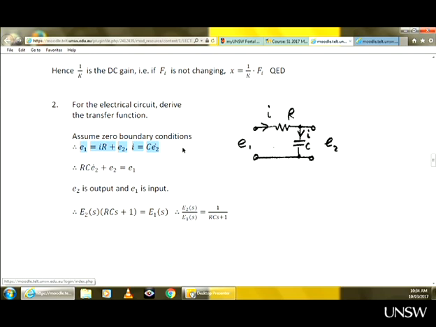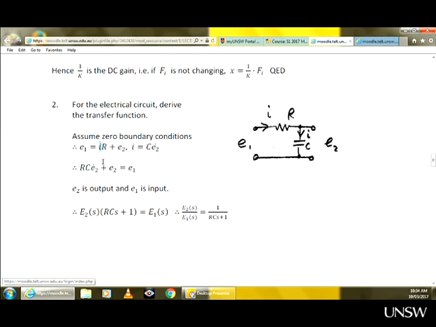In which case, we'll have to introduce what we call intermediate variables. In this case, it would be current. So to more easily model our system, we have to include this current. But the good news is that between these two differential equations, we can eliminate I and end up with voltage 1 and voltage 2 and their derivatives.